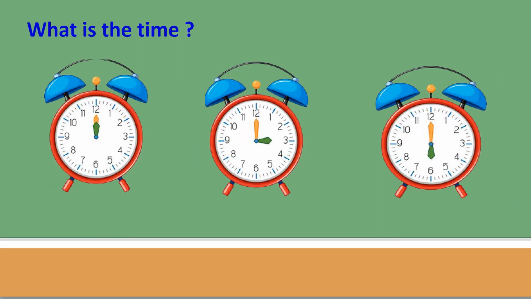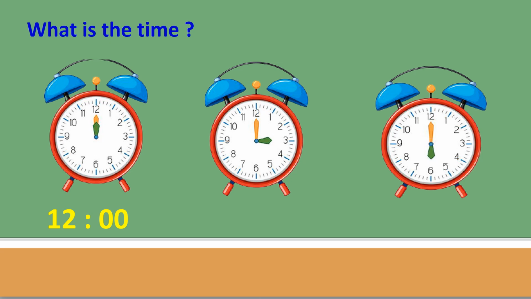What is the time? In the first clock here, the short hand points to 12 and the long hand points to 12. In digital form, it means what? It means 12, 0, 0. 12 for hours, 0, 0 for minutes. In the second clock here, the short hand points to 3 and the long hand points to 12.